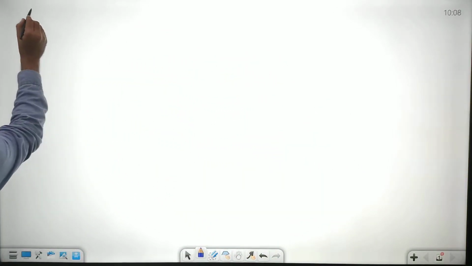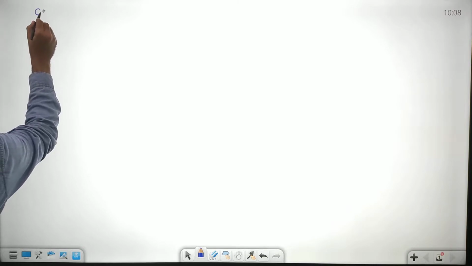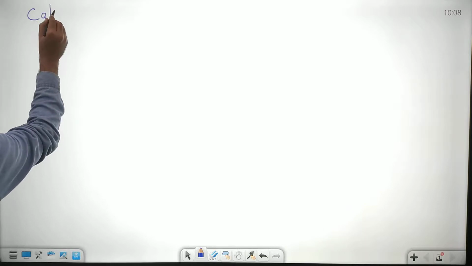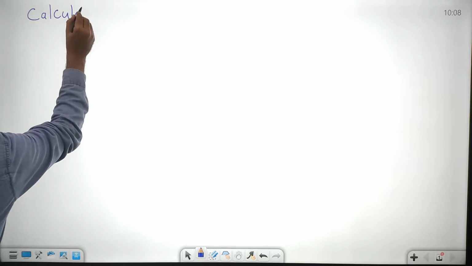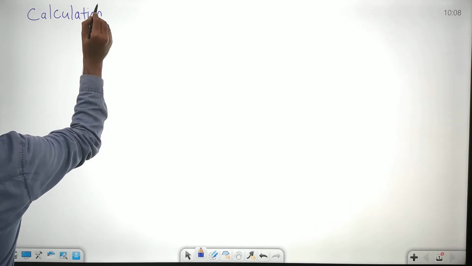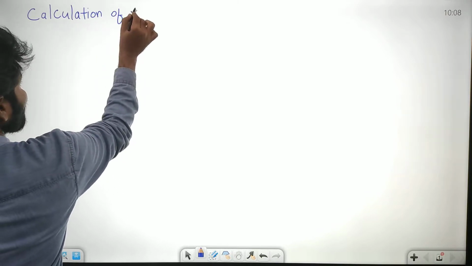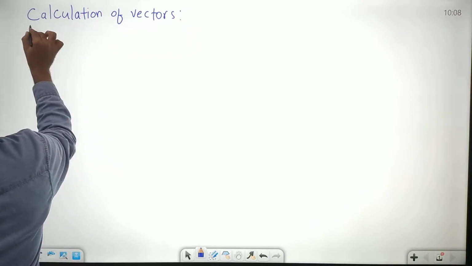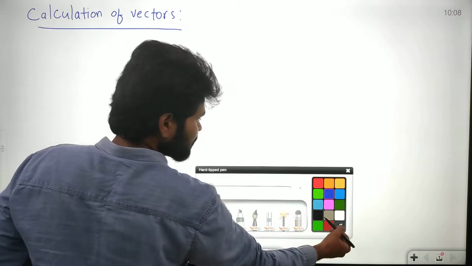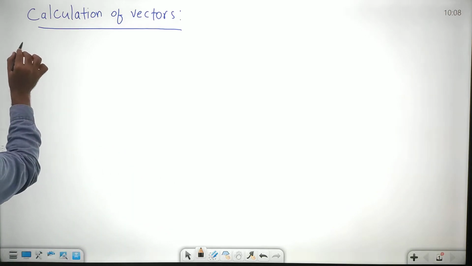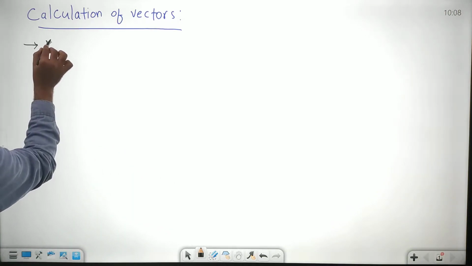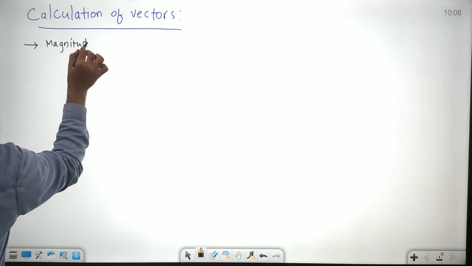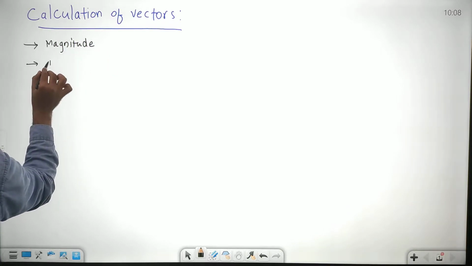Calculations of vectors. Okay, take this subheading: calculations of vectors. Most vector calculations are based on finding the magnitude and the direction.